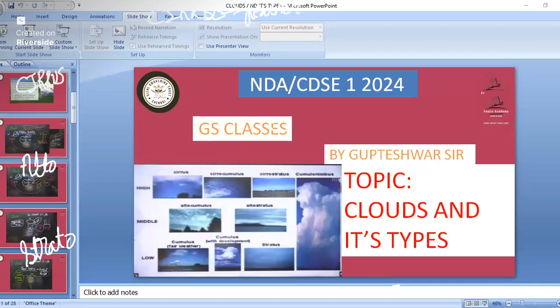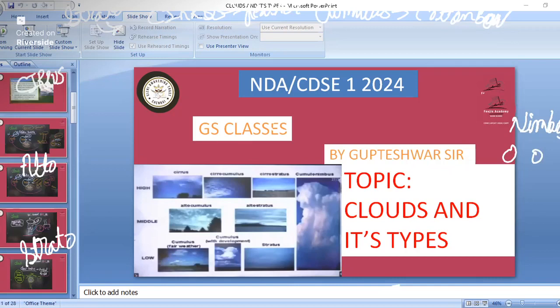Then we have the cumulus, which looks like a cotton ball shape. Then we have the strato, which is the layer type. Then we have the nimbus, which is rain bearing, meaning small droplets like cloud particles will be there. So that is about the different types of clouds.